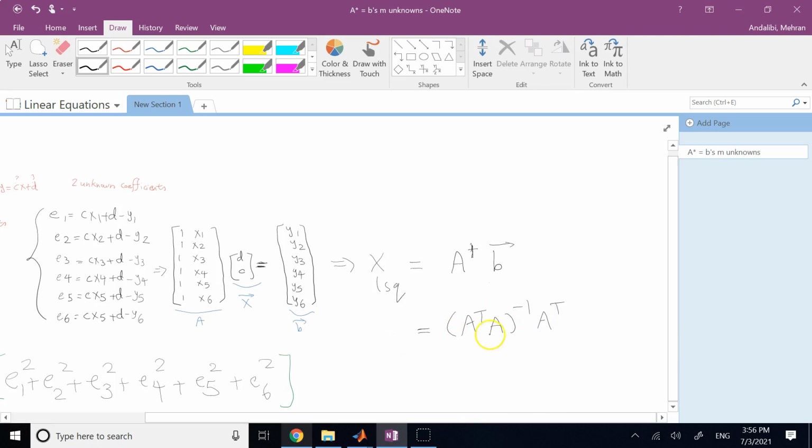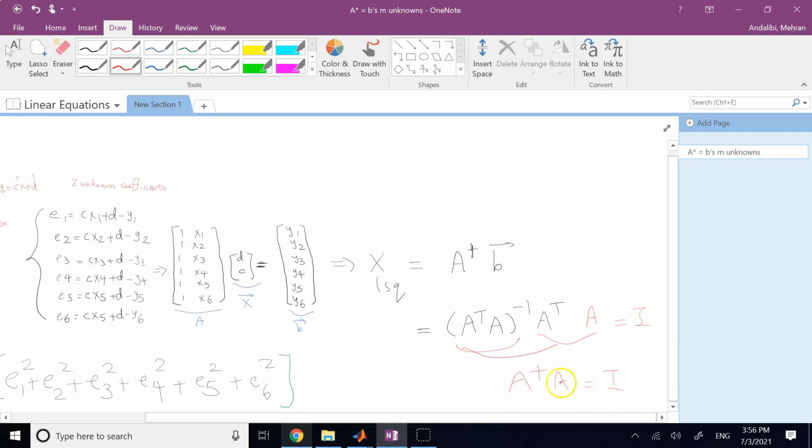Okay, if you multiply this pseudo-inverse by A, then this factor and this one are inverses of each other. A transpose A is a square matrix, so you can invert it, and the inverse of any square matrix times itself is I, so you clearly see that the pseudo-inverse times A is I. That's why you call it the pseudo-inverse.